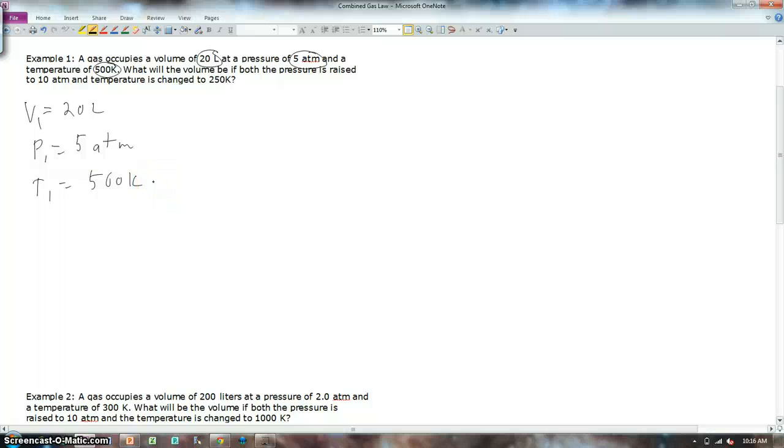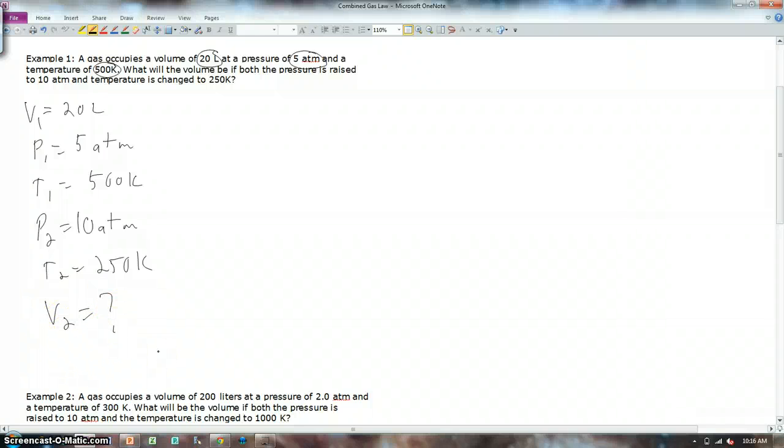The question asks, what will the volume be if the pressure is raised to 10 atmospheres and the temperature is changed to 250 Kelvin? So I'm given my P2 of 10 atmospheres and my T2 of 250 Kelvin. The question now is, what is my new volume?